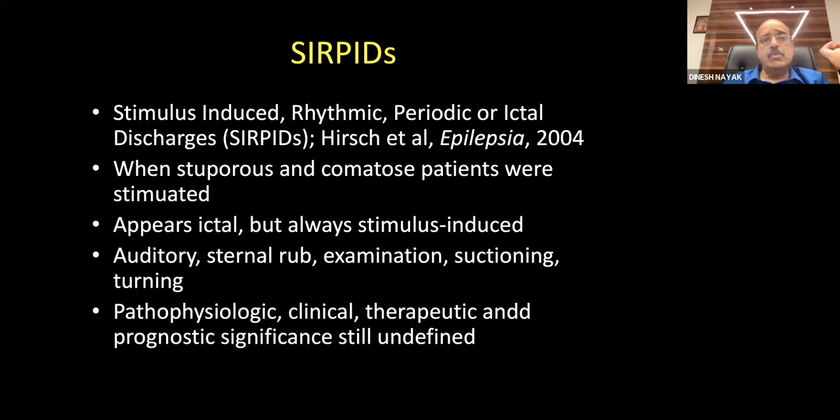Now, finally, I'm going to end in another 2-3 minutes with this particular condition called stimulus-induced rhythmic, periodic or ictal discharges. There's a patient who's comatose, and when we do our examination, or when the nurses are suctioning or turning the patient, anytime the patient is being stimulated, you get a funny EEG pattern.